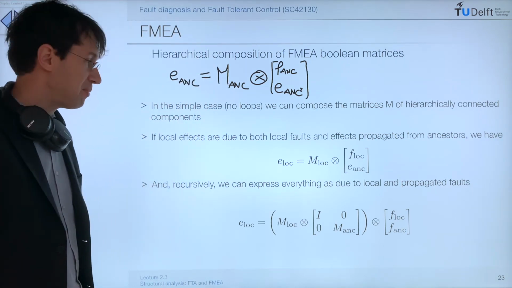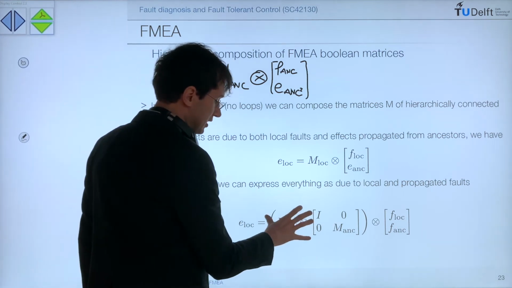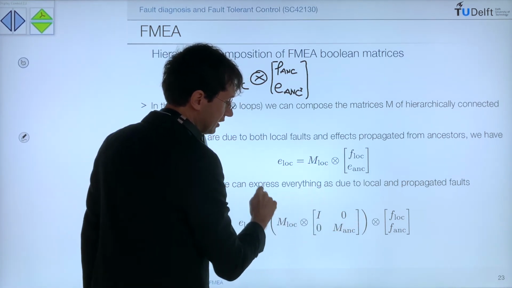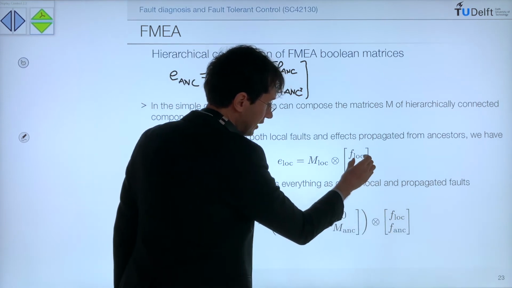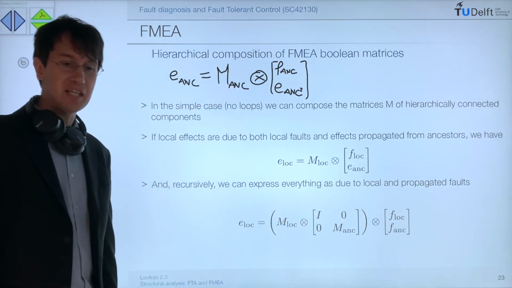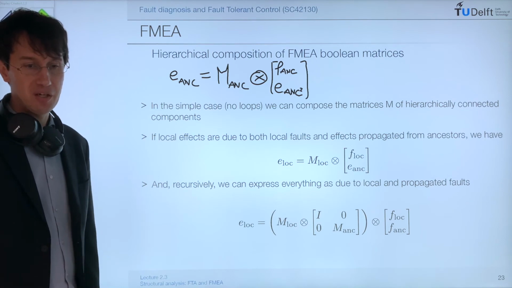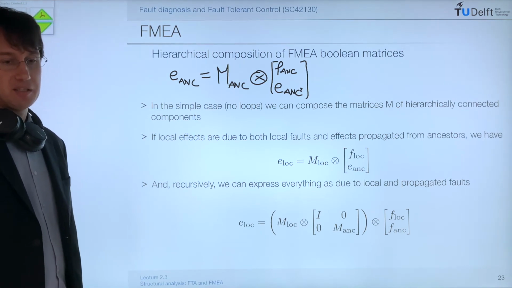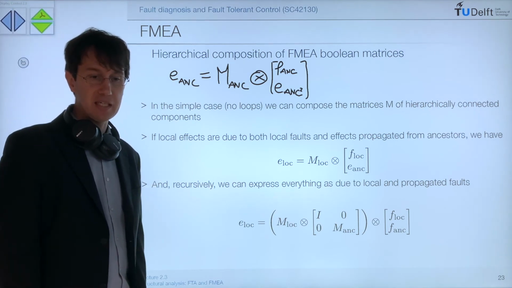But if it happens, no problem. You just need to take this in place of this, and then you do another iteration of expansion. So you expand until you get to the basic level and there are no more ancestors.